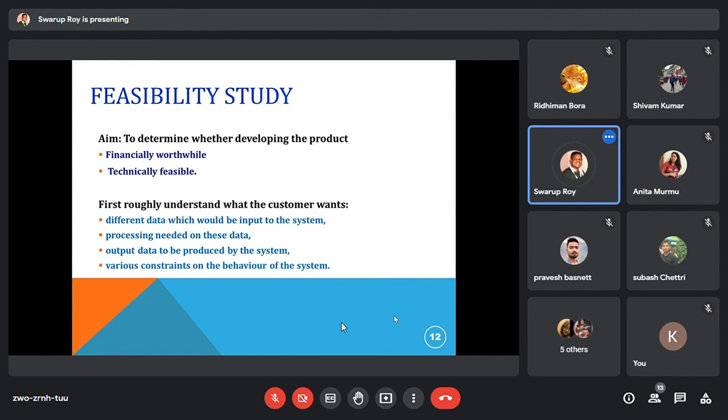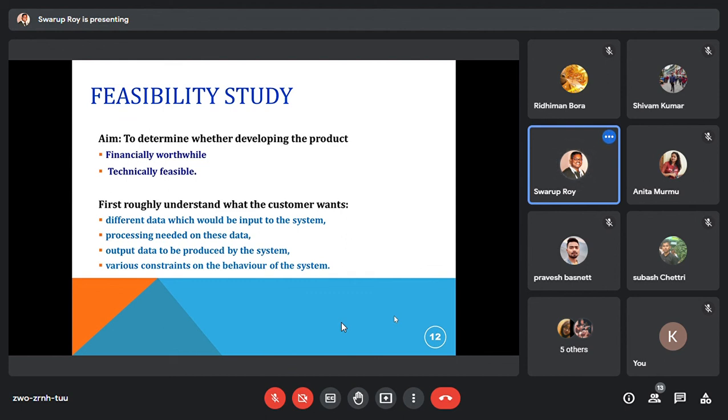"Okay, I need these things. This should be the input to the system." Say a roll number: if a student gives a roll number, they can see their results on the screen and download them. So that is the input screen, that is the output, and these are the functions that the software will provide.